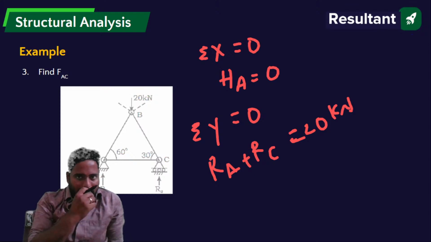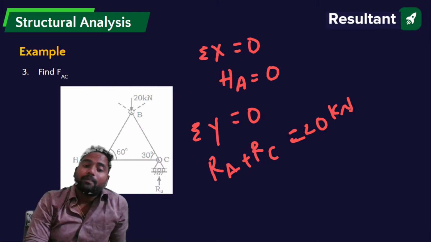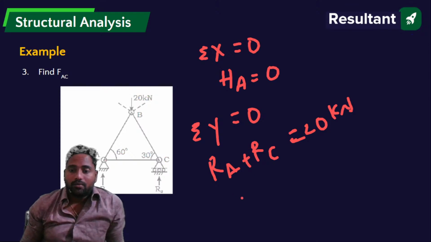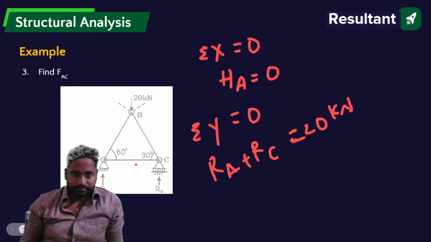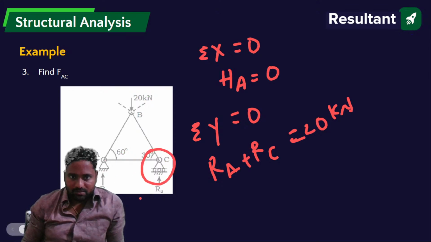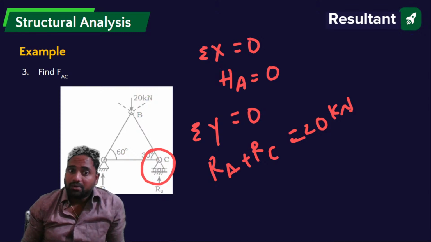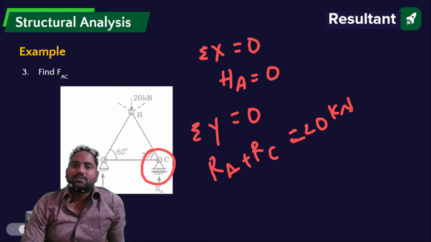Fine, well and good. Now, how will you find out? I can take moments about A equals 0, or moment about C equals 0. So RA into, what is this distance? I don't know these distances.